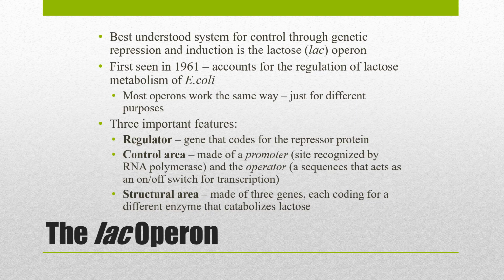As an example of where we see regulation of gene expression, I want to talk about the lac operon. The lac operon is a kind of option maker when it comes to the bacteria E. coli.